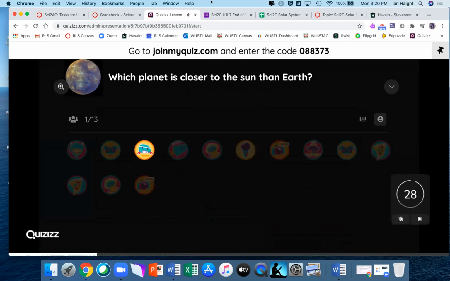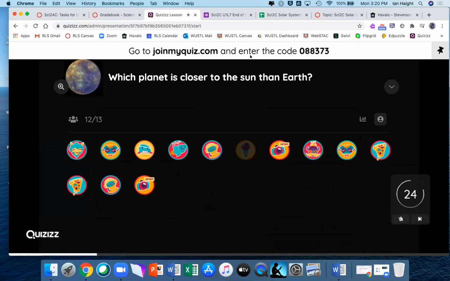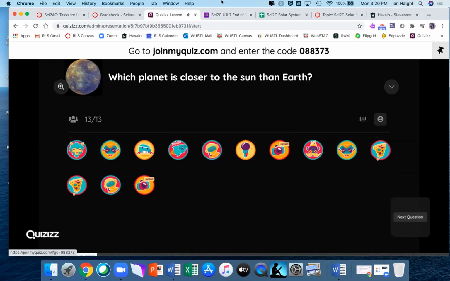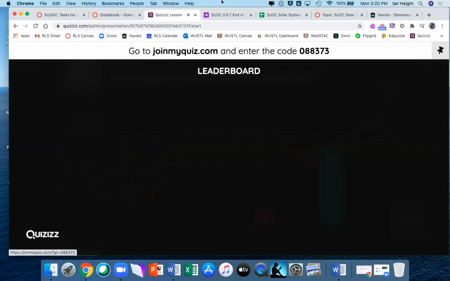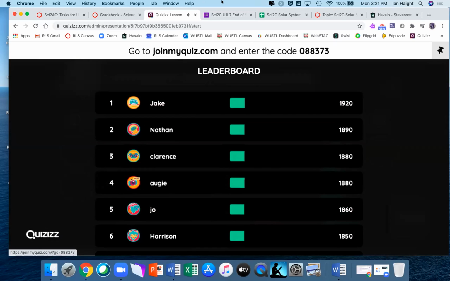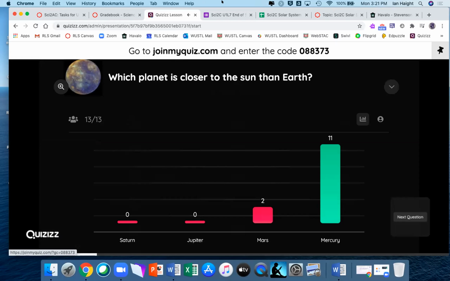Which planet is closer to the sun than Earth? All right, Jake in the lead now. Mercury is closer to the sun than Earth. The other one is Venus.